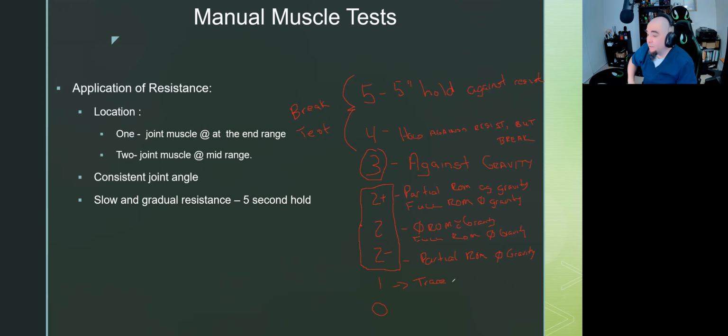It is better to have a trace than to have nothing. So a 0 means you don't feel anything, you don't see anything, nothing happens. Typically, you're only going to see a 0 when they're de-innervated. So that's an N.